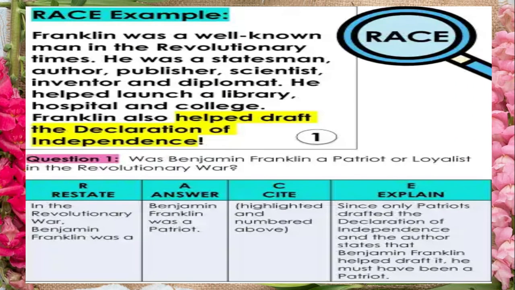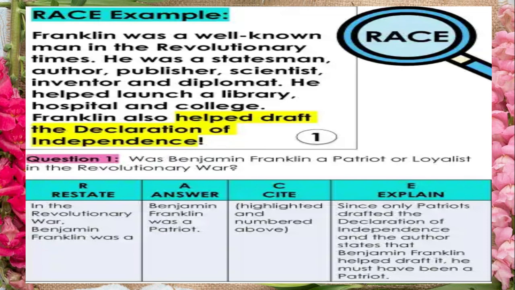Here is an example of RACE. Franklin was a well-known man in the Revolutionary times. He was a statesman, author, publisher, scientist, inventor, and diplomat. He helped launch a library, hospital, and college. Franklin also helped draft the Declaration of Independence. Question 1.